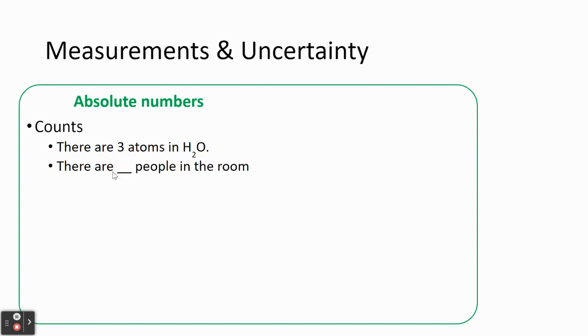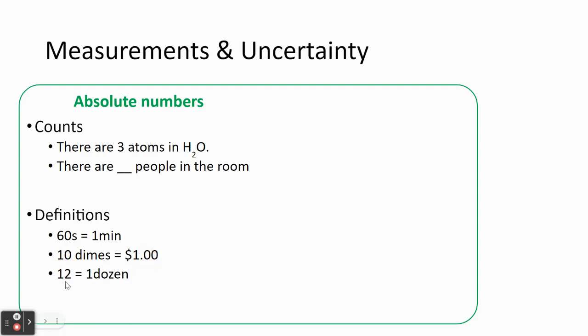Or if we were to say how many people are in a particular room, that's a counting number. It's an absolute number. Okay, definitions are absolute numbers. Saying 60 seconds in 1 minute, or 10 dimes in $1, or 12 in a dozen. These are all collectively called absolute numbers.